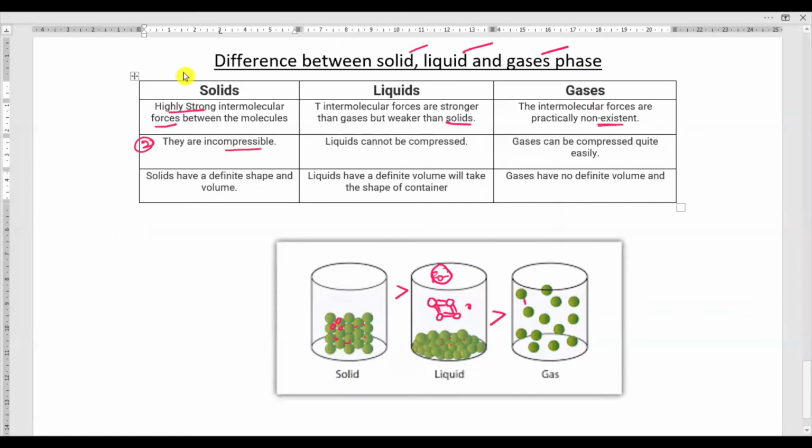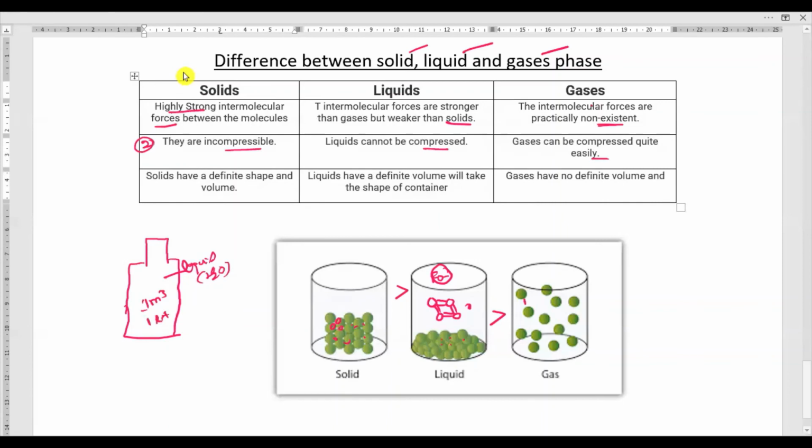Solids are incompressible, liquids also cannot be compressed, but gases can be compressed. How? For example, you take one water bottle. Let us assume the volume of this water bottle is 1 meter cube. What is the maximum amount of liquid, for example water, you can take inside this 1 meter cube, or 1 liter water bottle?